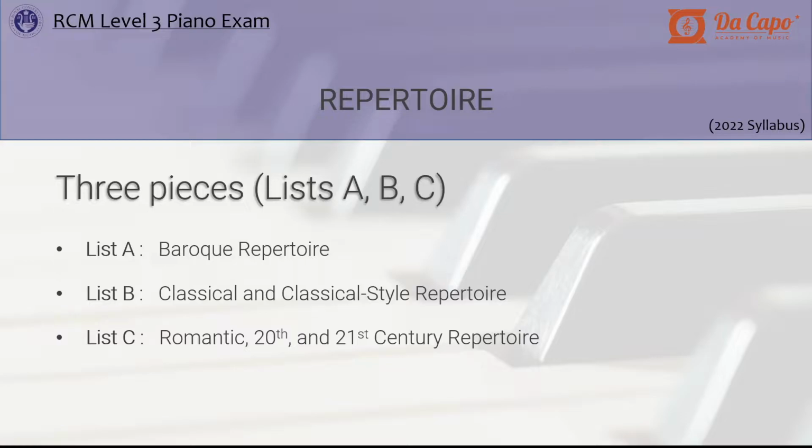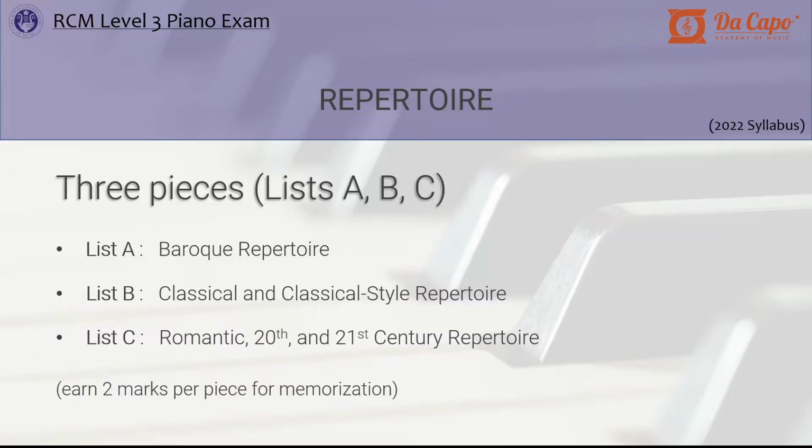List B used to be called the Romantic 20th and 21st Century Repertoire, which is now list C. And instead, list B is now called the Classical and Classical Style Repertoire. Previously, list C was called Inventions, and as you can see, we don't have the inventions here. And remember that for each piece, you can earn 2 extra marks if you have it memorized.